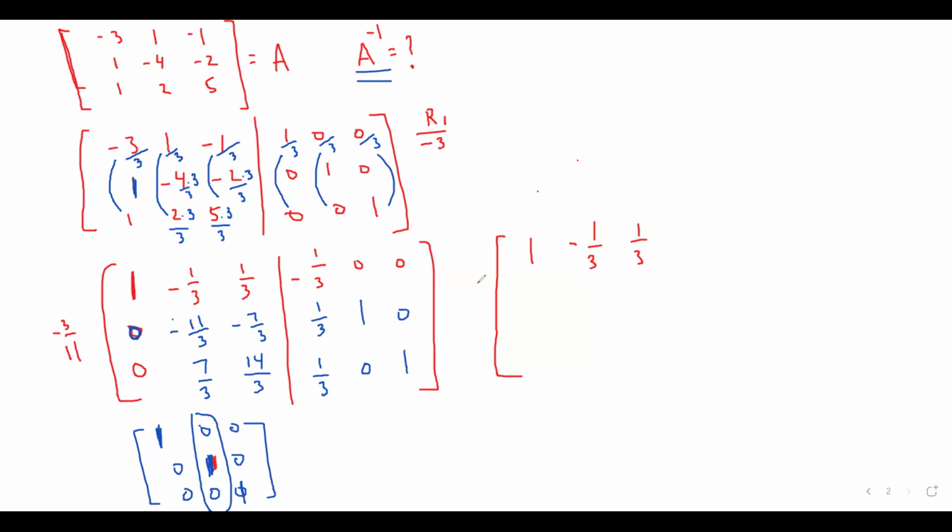So I'm just going to, actually, I need to hold on with that. Let me hold on with that. I just need to leave it alone and start to work with the second row. So my second row's goal is 0, 1, 0, right? That's what we actually need. So that's 0, 1, 0.